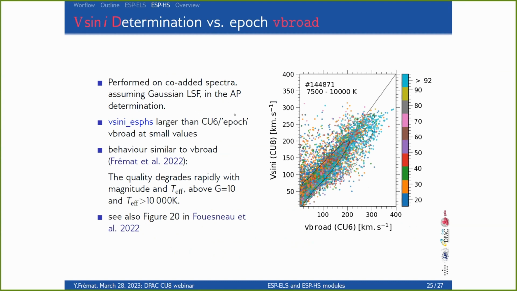The difference with what is provided in CU6 is that in CU8 we are working on coadded spectra, meaning that we also depend on the accuracy of the radial velocity measurements, which is a bit weaker for the hot stars, and on the assumption we have to make on the LSF. Since it's a combination of spectra obtained at different epochs with a different LSF, we make the assumption that the LSF is Gaussian, and that has an impact on the quality of the v sin i value.